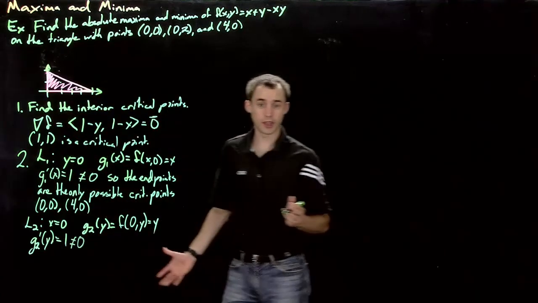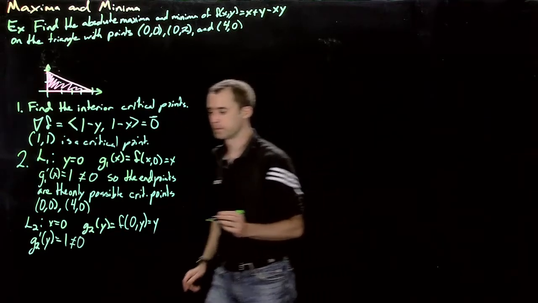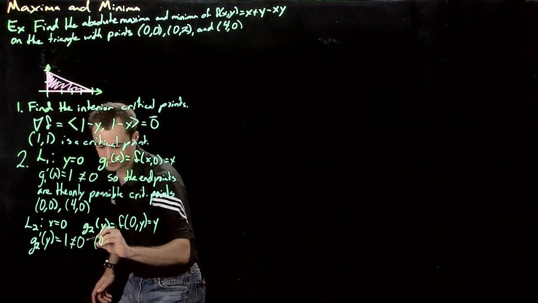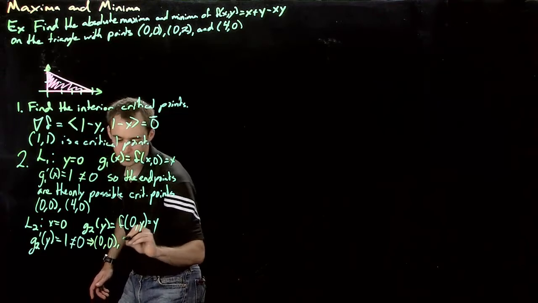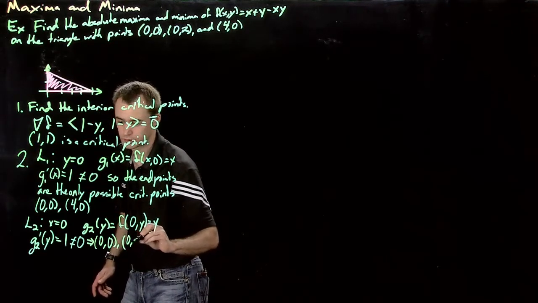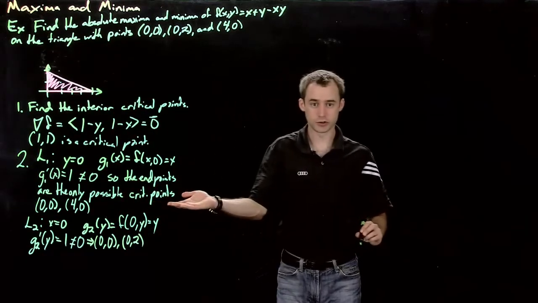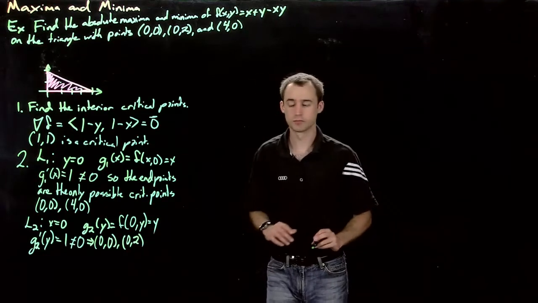So again, only the endpoints are possible. So in this case, we still have (0, 0), and also (0, 2). Now we already had (0, 0), so the only additional point we get from this is (0, 2).